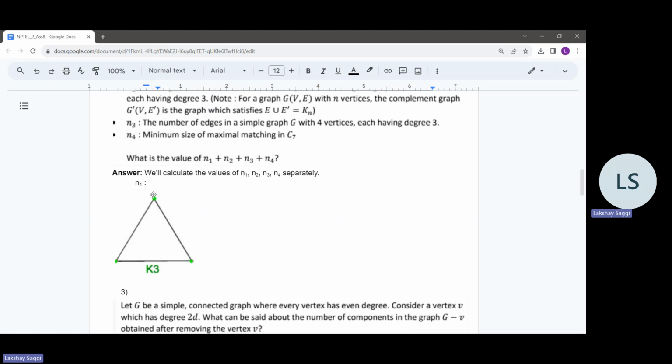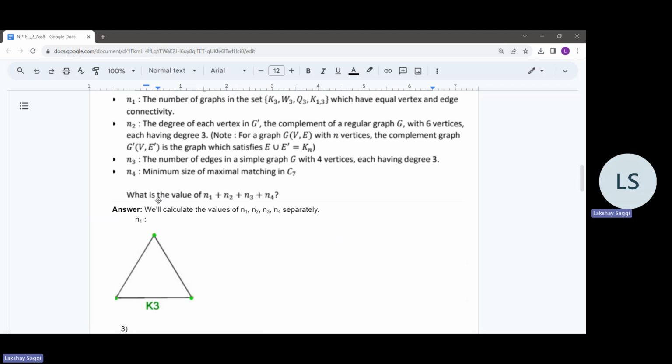So here, first of all, in this K3 graph, I want to find out the vertex connectivity. I need to find the minimum number of vertices which I need to delete so that this graph becomes disconnected. If we delete this topmost vertex, these bottom two vertices will still remain connected. Deleting a vertex means deleting its neighboring edges also. So these two edges are deleted, but the remaining two vertices remain connected.